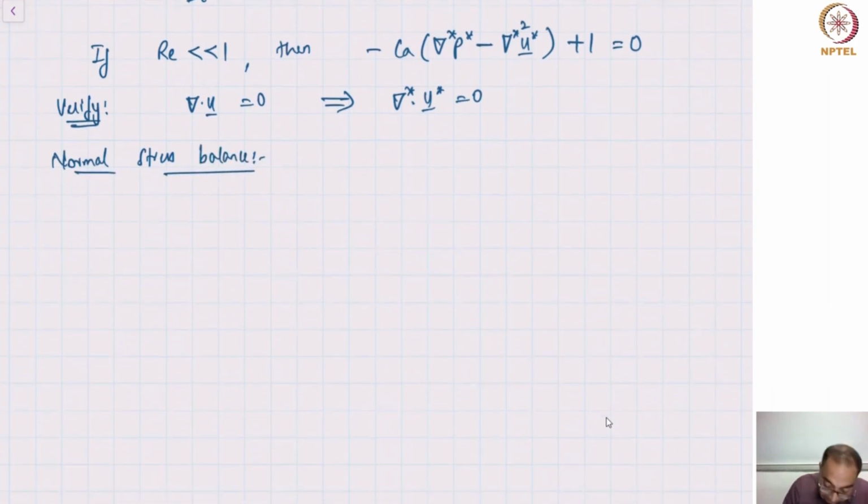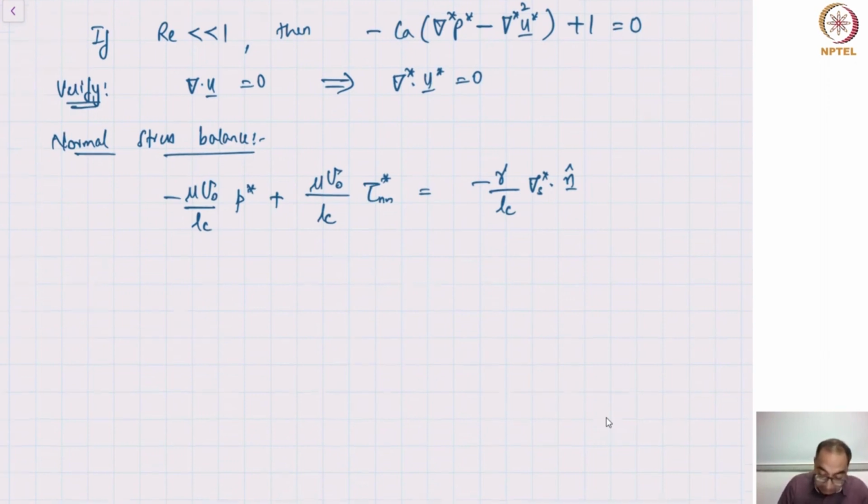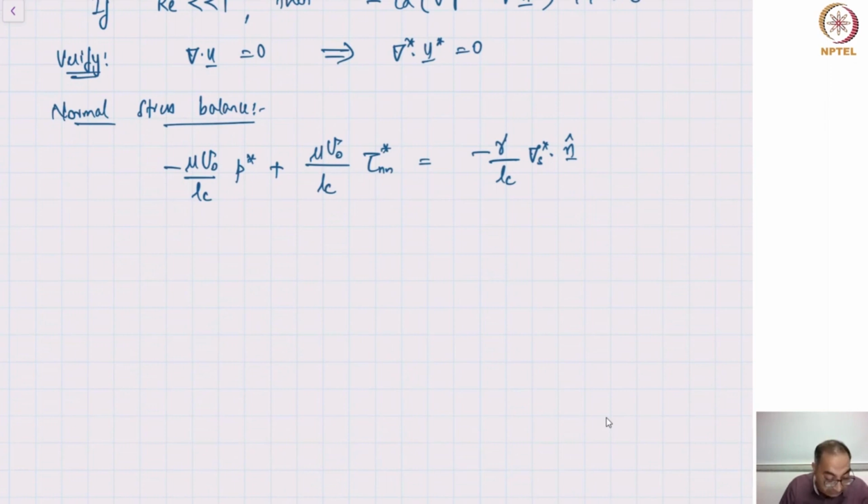The normal stress balance would be minus mu naught by LC, I'll call it P star, plus mu u naught by LC. I've used the same non-dimensionalization for the deviatoric stress, tau hat. Now it's important to note here that I've made some small simplification.